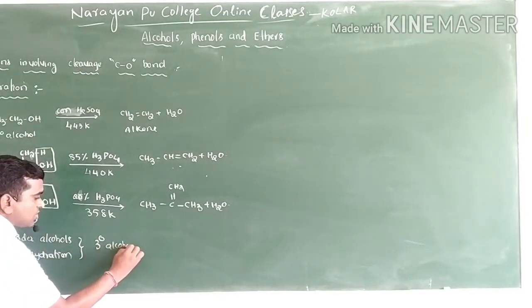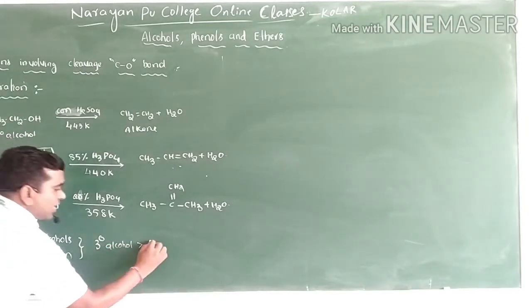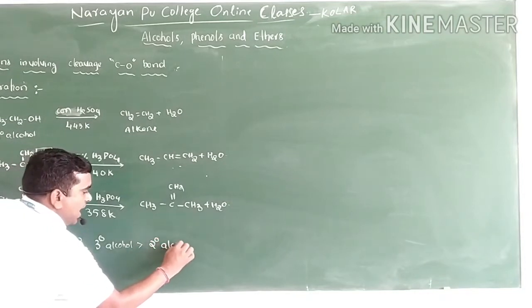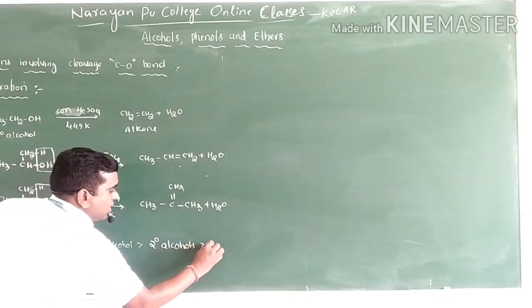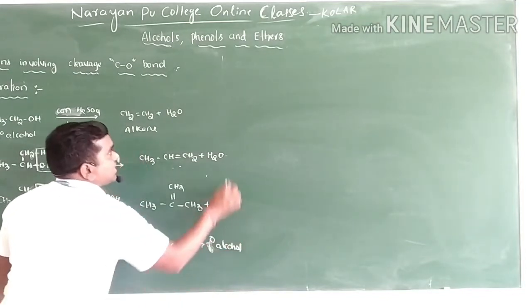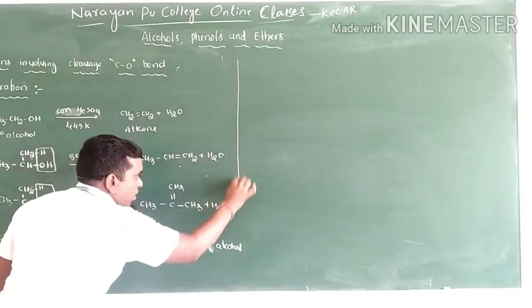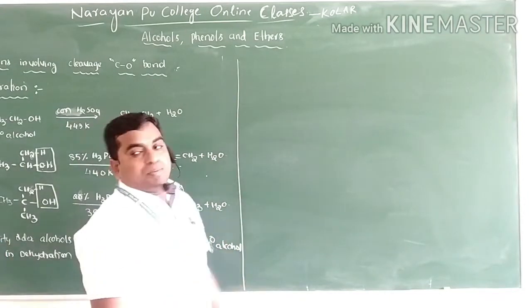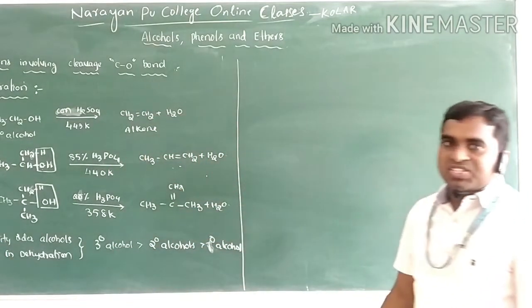Tertiary alcohols are more reactive compared to secondary alcohols, and the last one is primary alcohols. So this is the reactivity order of alcohols in the dehydration reaction.